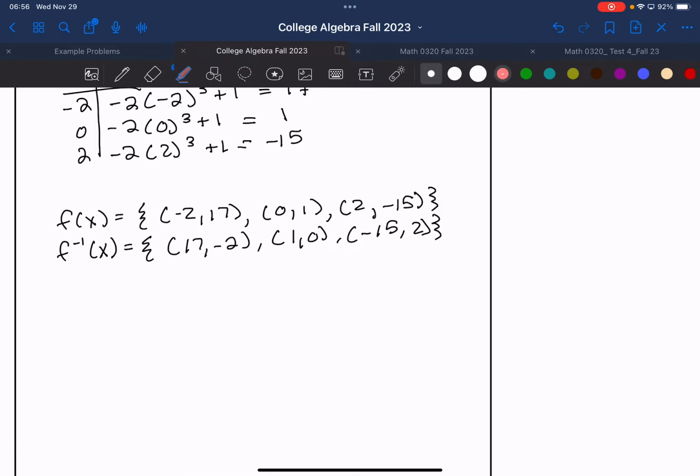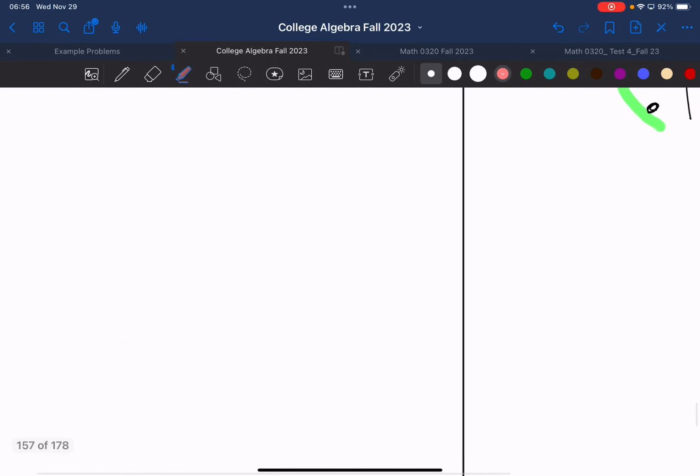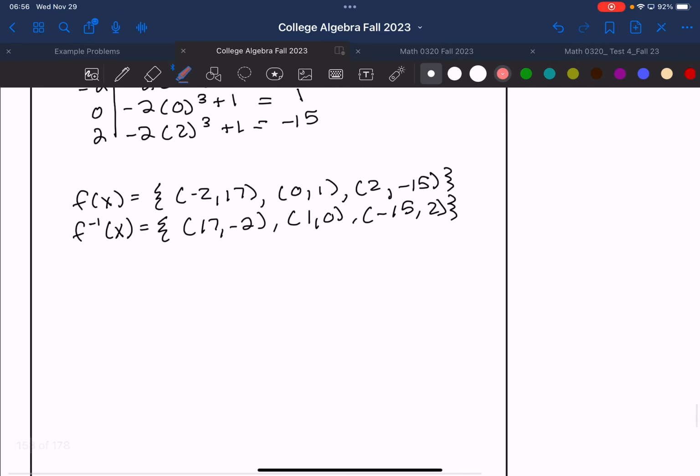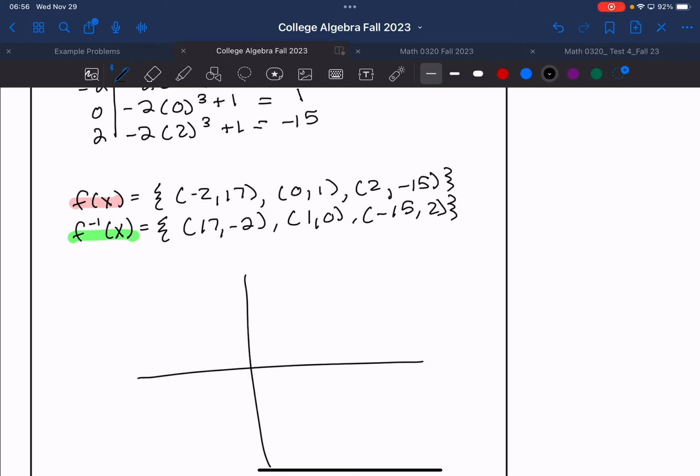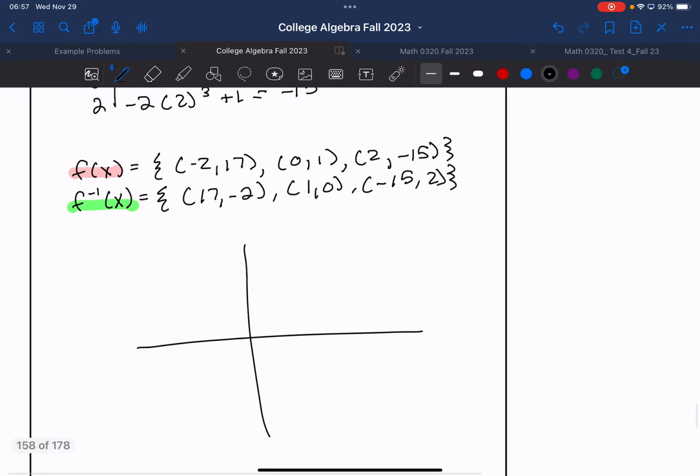And then using this to, what did I highlight in pink? I don't remember. My original function. I'm trying to keep them the same. Okay, and then I'm going to plot those points to show both my original and my inverse. You can go ahead and do that on your notes while I'm doing that on these. So I'm just going to plot these points real quick.